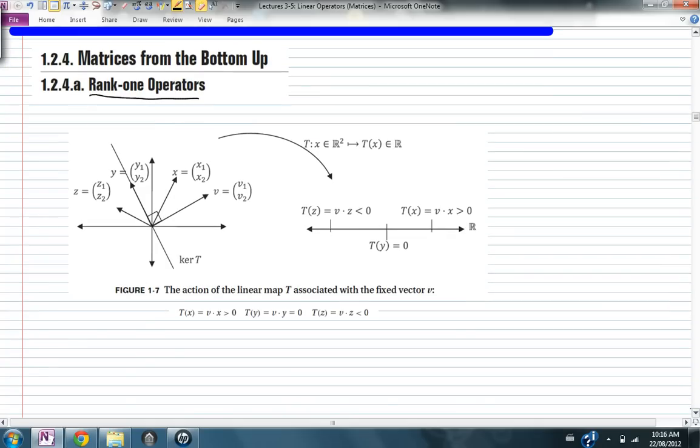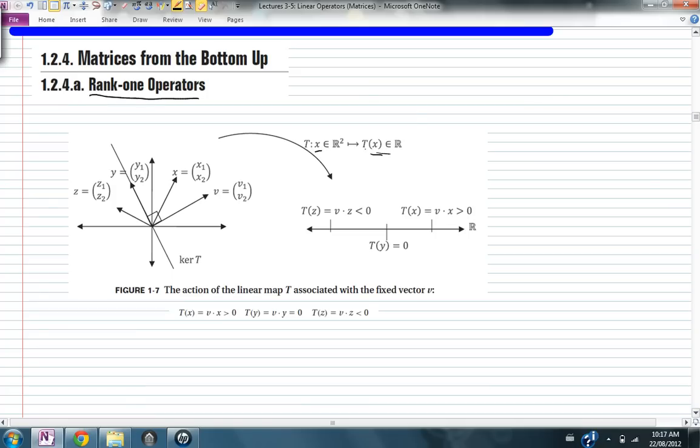So matrices from the bottom up. What are rank 1 operators? Rank 1 operators are linear functions whose codomain is a real number. For example, T is a linear map that takes any two-dimensional vector and gives me a number.